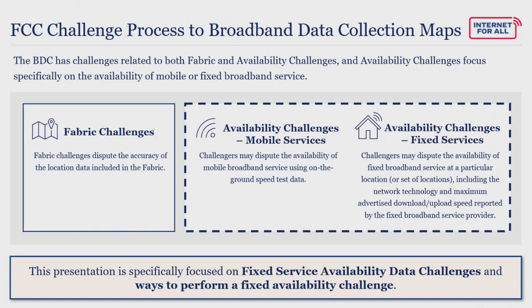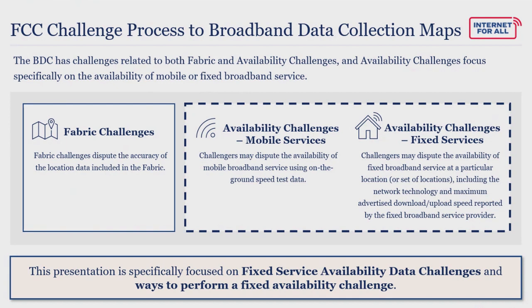There are two categories of challenges that the FCC is considering. Challenges to the fabric, which dispute the accuracy of location data included in the fabric, and availability challenges, which break down into two subcategories. Mobile service availability challenges, which use on-the-ground speed test data to dispute the availability of mobile service in a given location, and fixed service availability challenges, which dispute the availability of fixed broadband service at a given location or set of locations.